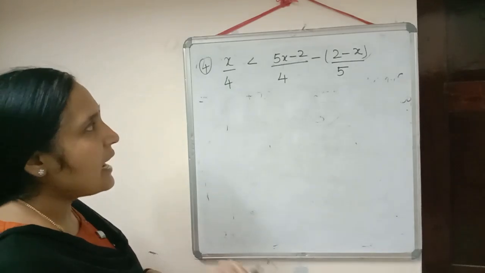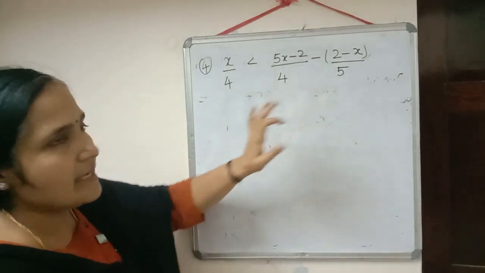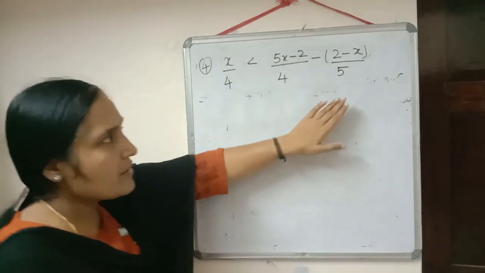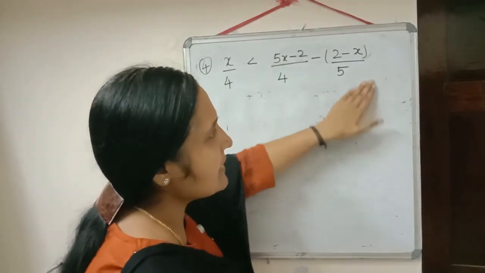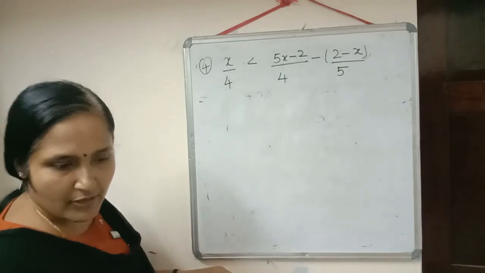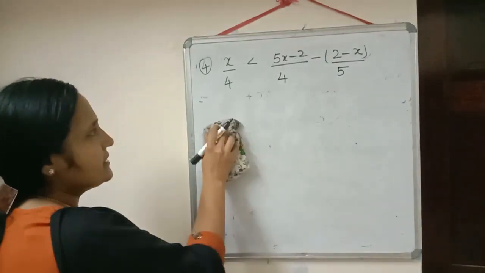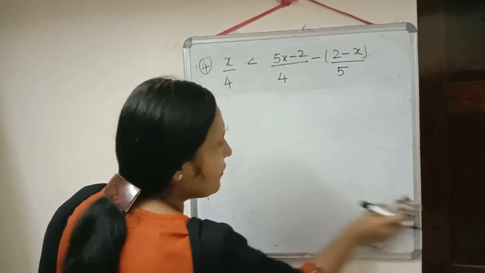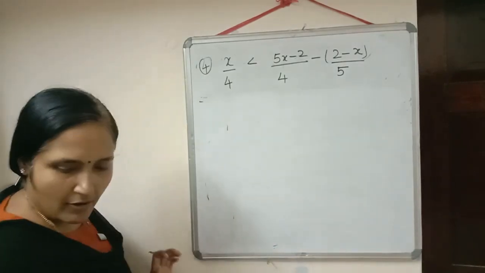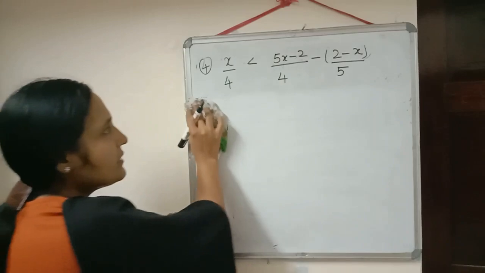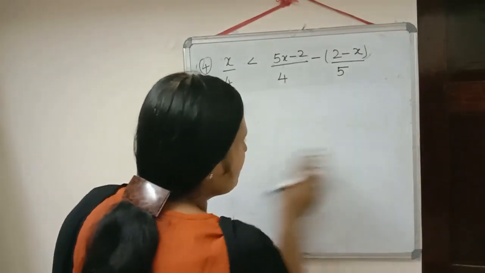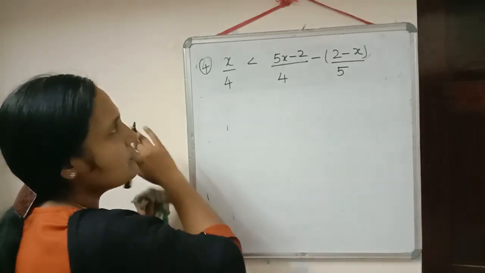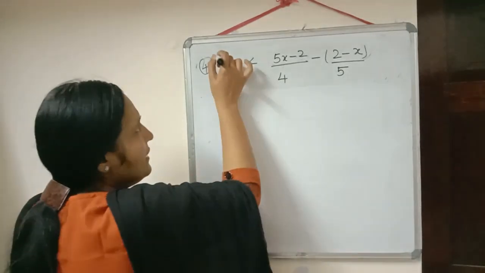So here either you can find the LCM and multiply the whole by LCM, or you can do it by cross multiplication. I am using the LCM method because in the previous one we used the cross multiplication method. Can you tell me what will be the LCM of 5 and 4? Yes, correct, it will be equal to 20. So we are going to multiply the whole equation by 20.